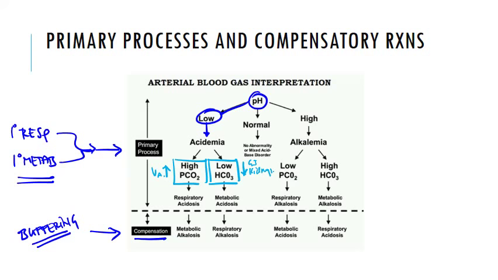If they have a high PCO2, we determine this to be a respiratory acidosis. If they are acidotic, that means the body is going to respond by increasing the amount of base, or making a metabolic alkalosis. So what they will do is increase the amount of bicarb in the system by retaining it in the kidneys.